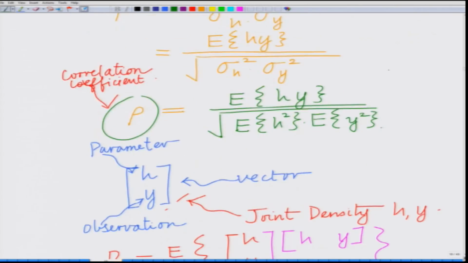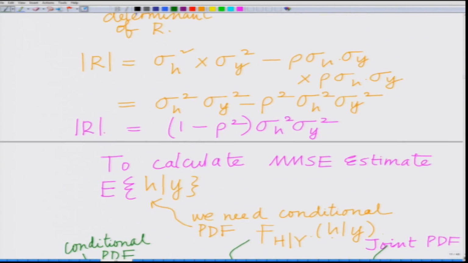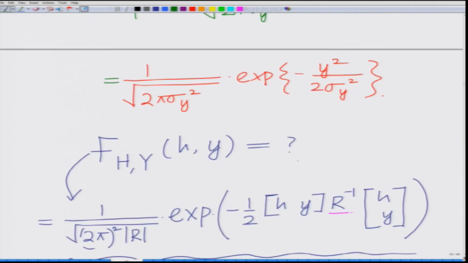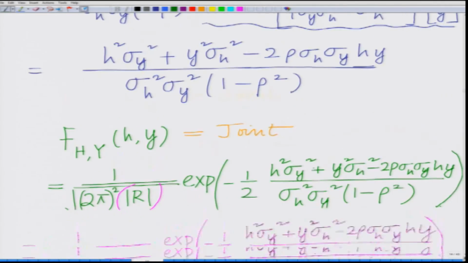So, let me just repeat those definitions over here, so that it becomes convenient.